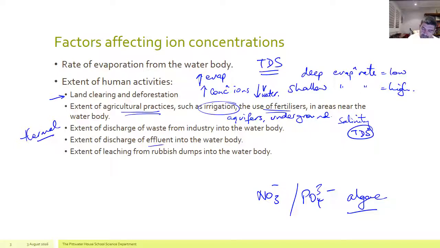The discharge of effluent, whether it's treated or untreated sewage, can often be a major problem, both human waste and animal waste. And even things like rotting vegetation can also cause problems in changing the salinity of the water body. And any leaching that may occur from rubbish dumps, even things like stormwater runoff, can be another problem.